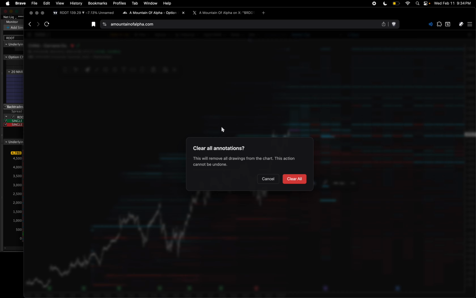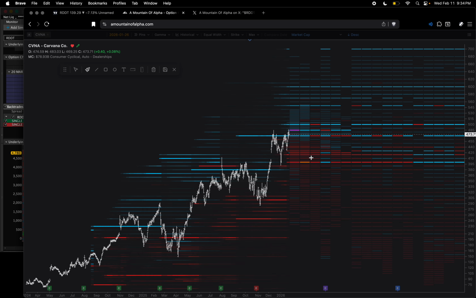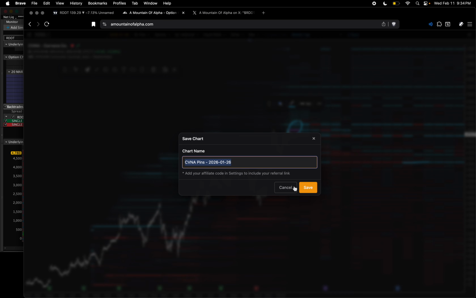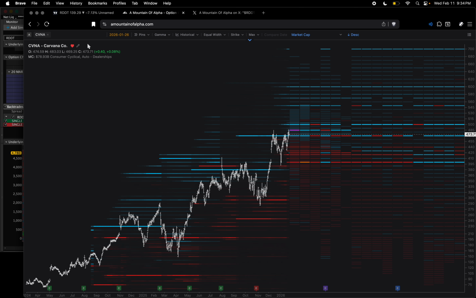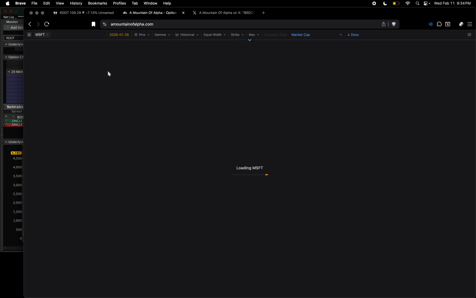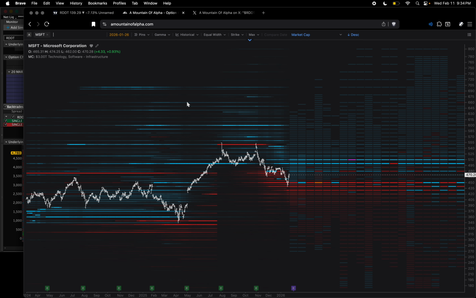Okay, what I noticed is that when you have a longer dated gamma that's lower, and specifically if it's way out here, not up front, and then you have an upfront gamma, I'll show you. Microsoft has this right now. Okay.